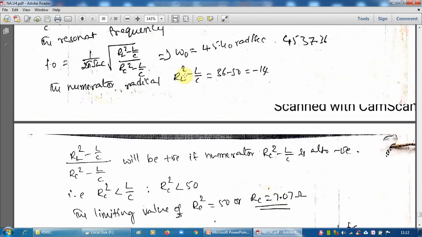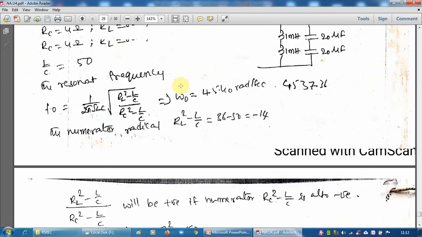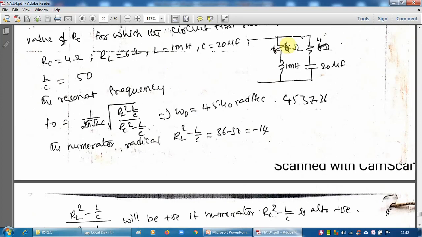RL value is given here. RL is 6, therefore 6 squared equals 36, and this L by C value equals 50. If you take L by C, you will get 50. So the numerator RL squared minus L by C equals minus 14. So the numerator is negative here.